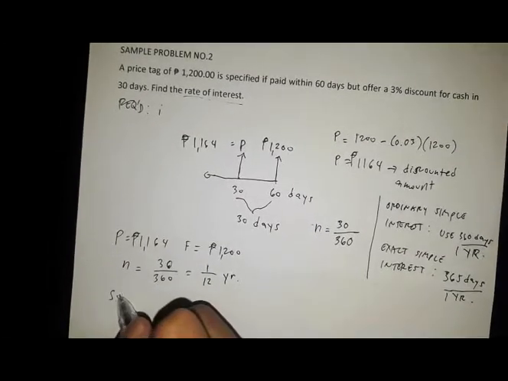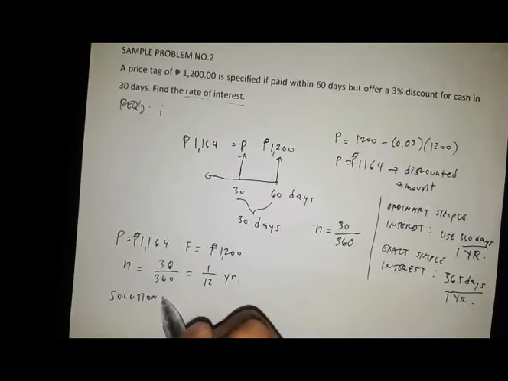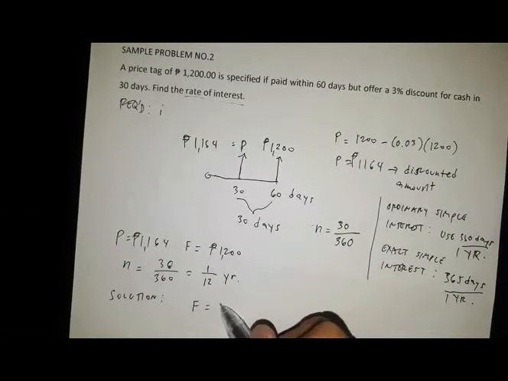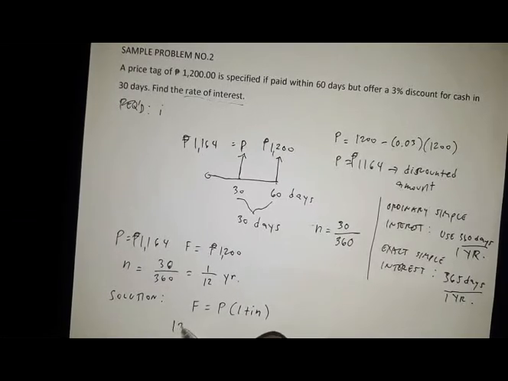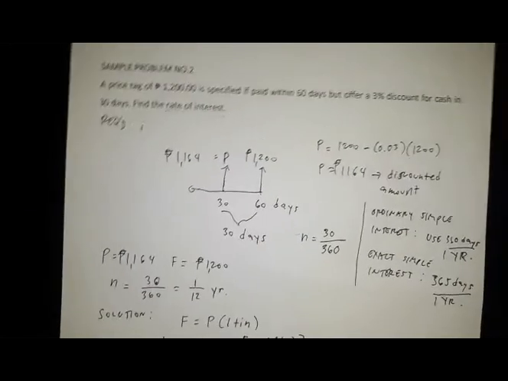So for the solution, we have the formula F is equal to P times 1 plus i n. So we have 1,200 equals 1,164 times 1 plus i, and n is 1 over 12. Now, let's solve for the value of i.